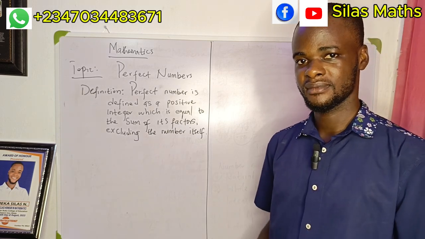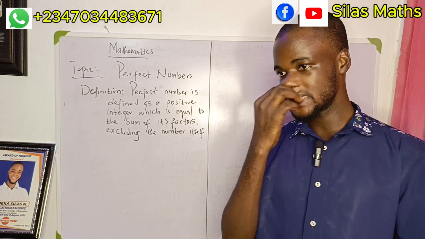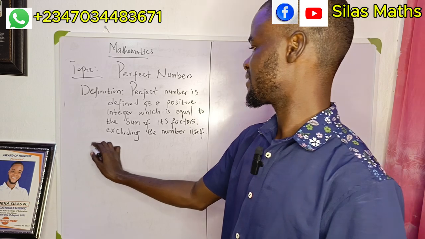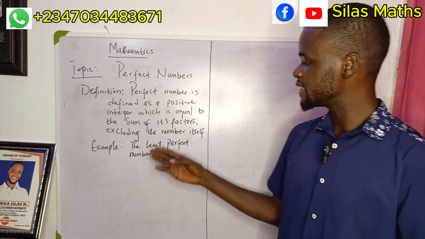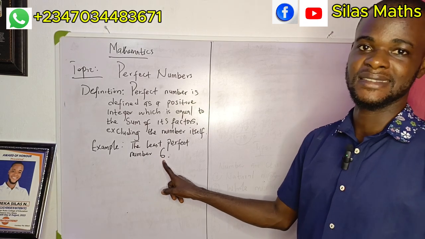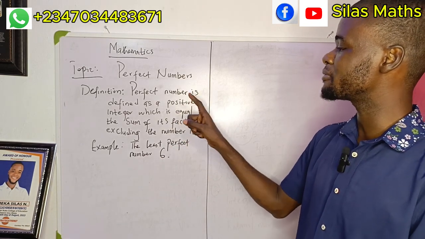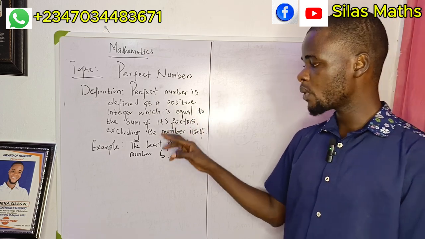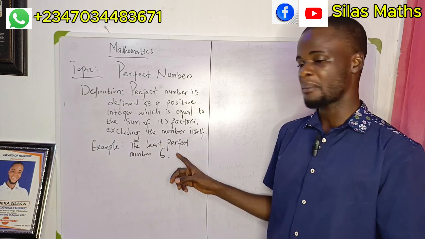What does that mean? Let's take, for example, the least perfect number, which is 6. From the definition, a perfect number is a positive integer which is equal to the sum of its factors, excluding the number itself.